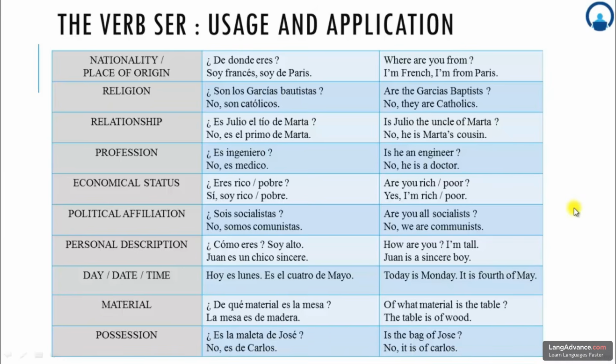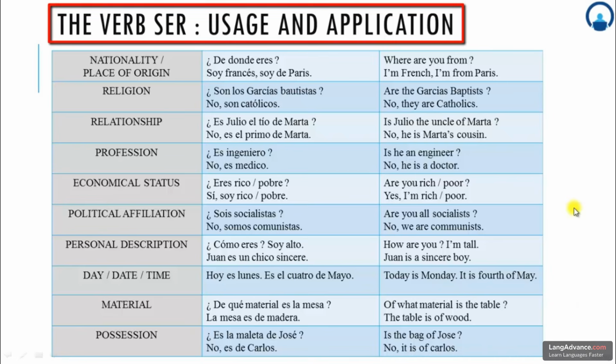As I've been saying about the verb ser, it has got a very important status in Spanish grammar. So I hope that you are now more acquainted with the verb ser. Adding more information to it, the verb ser, that means to be, is used for the fixed state, that is to describe fixed conditions and essential qualities.